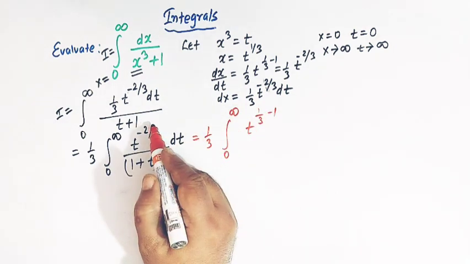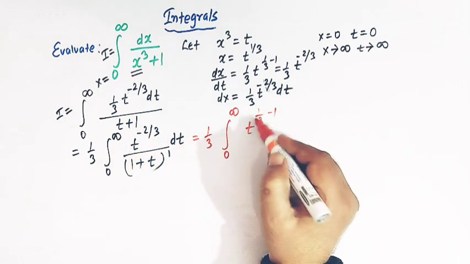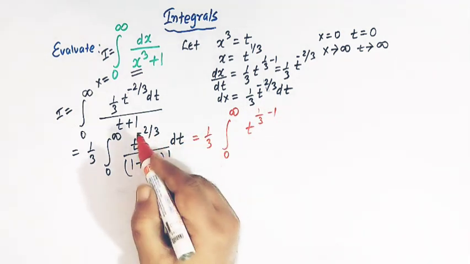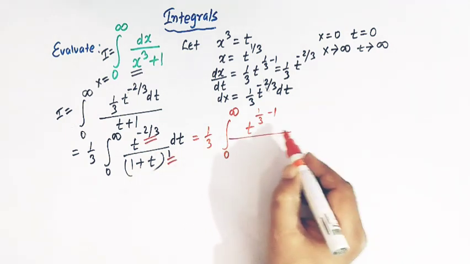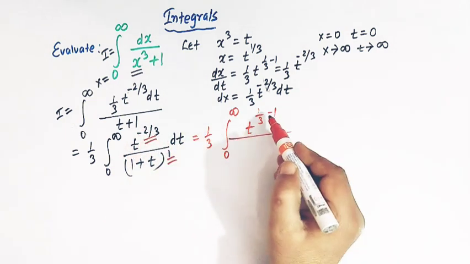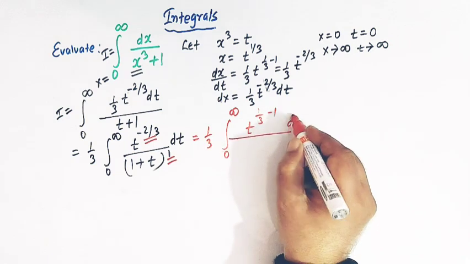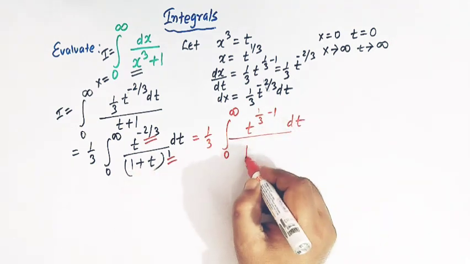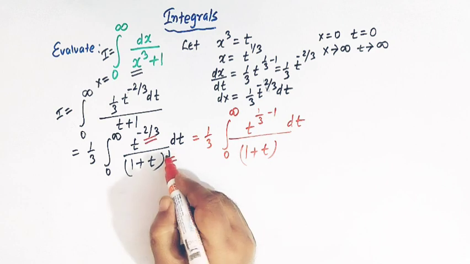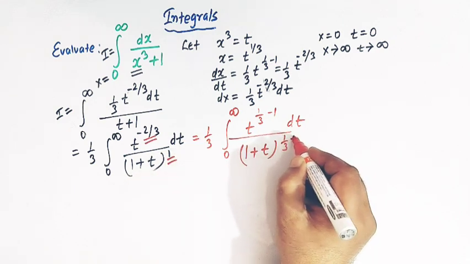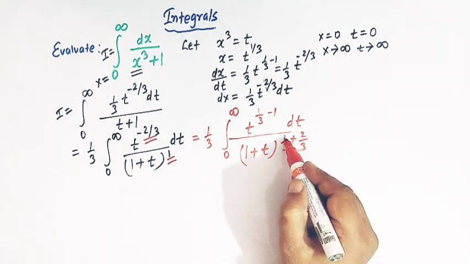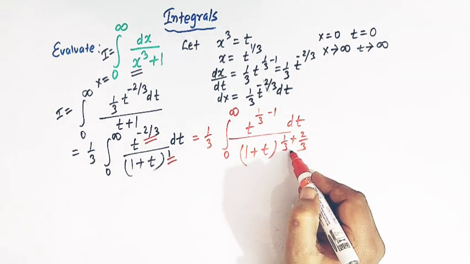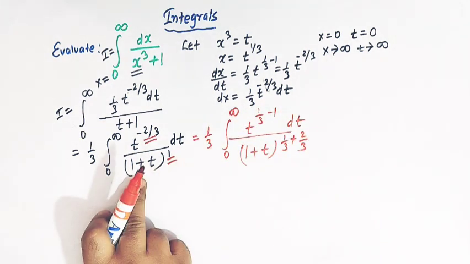So we have already explained this method in our earlier videos, how to write this exponent and this exponent. Here we have dt, and 1 plus t raised to 1 can be written as 1 plus t raised to 1 by 3 plus 2 by 3, right? Because 1 plus 2 is 3, 3 over 3 is 1, so we'll get the same integral.